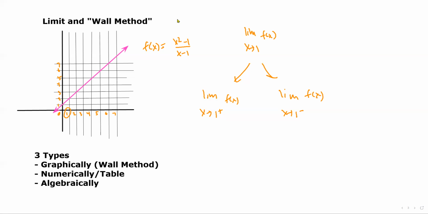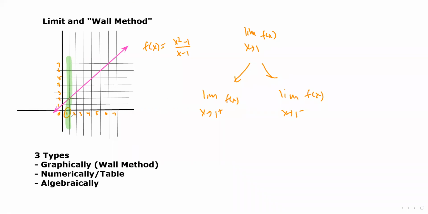One easy method to figure that out is using the wall method. Basically, at x equals 1, I'm just going to draw a wall. Let me use a different color here. So here's my wall. I need to figure out what my limit, or my y value, is approaching as x approaches 1 from the right and from the left side. So let's figure that out.